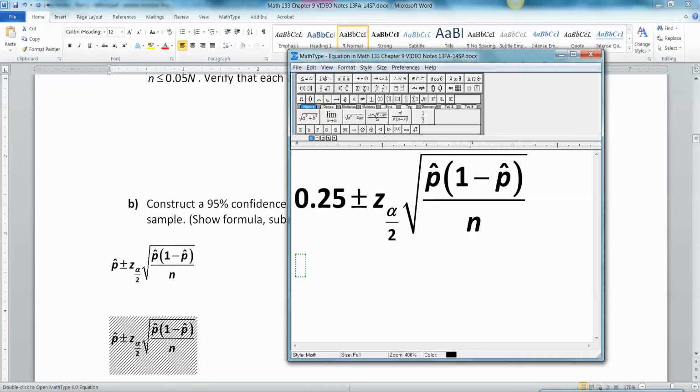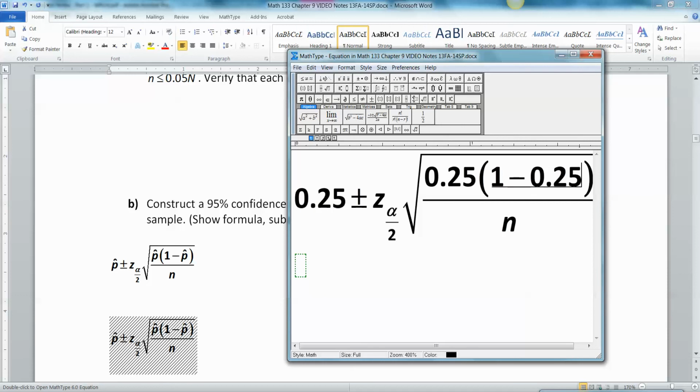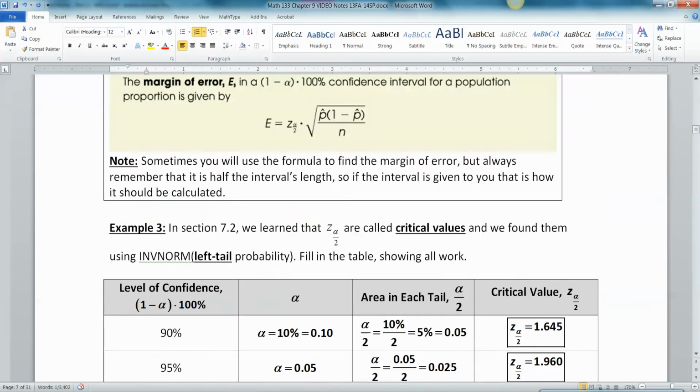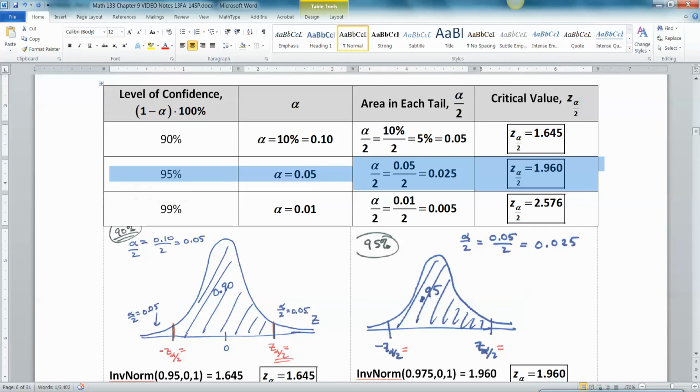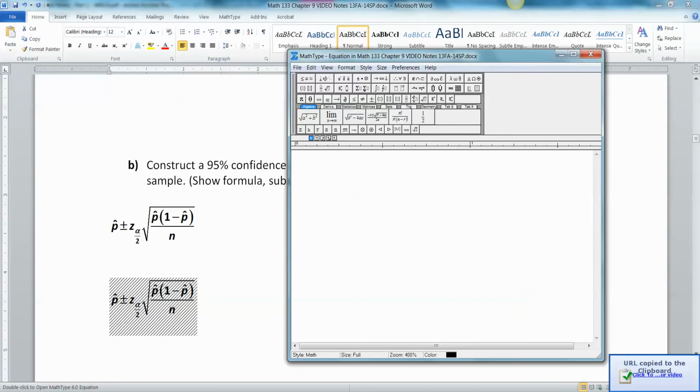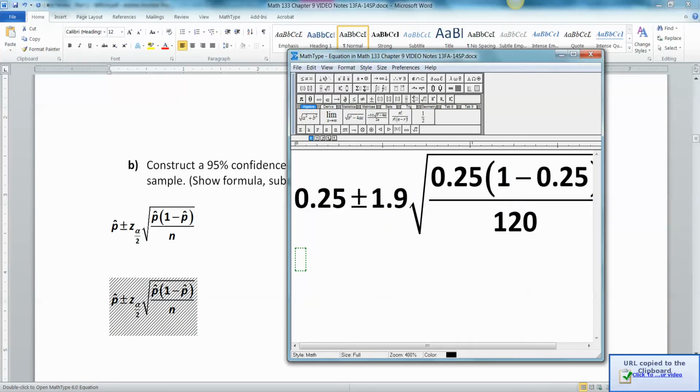So I'll say 0.25 was my p hat, and then I want 0.25 here, and I want 0.25 over here. And then n was our sample size, which was 120. And then z comes from a confidence level. So we have a 95% confidence level, and we learned back here on this page that if you have a 95% confidence level, your z alpha over 2 is 1.96. Okay, so that gives me 1.96 here.